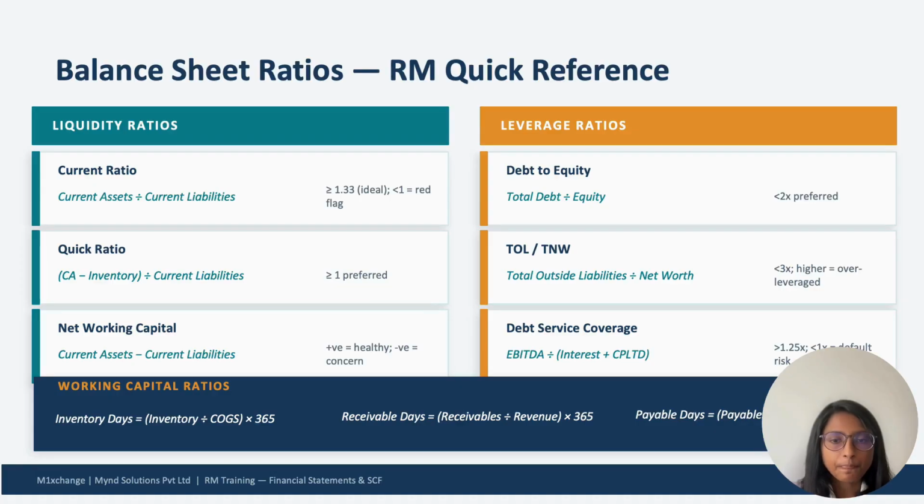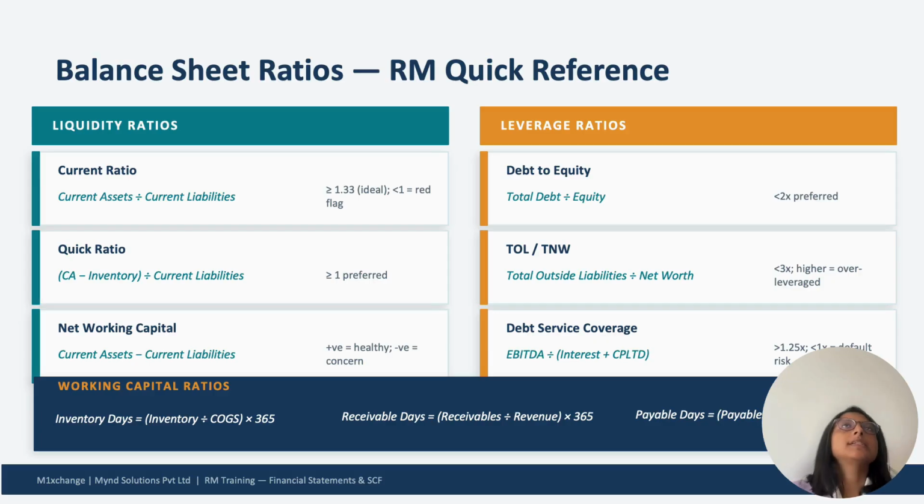Okay, next is my receivable days. That is again receivables divided by revenue into 365. So it tells me for how many days I have not been paid. So while I have raised the invoices, I have sold the goods, but I have not received the cash in hand.